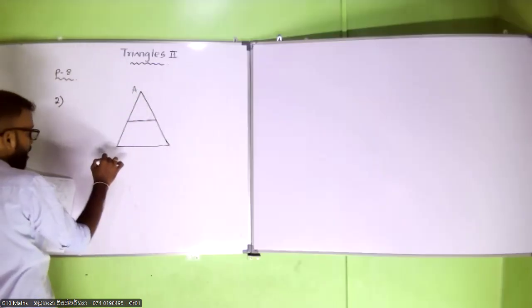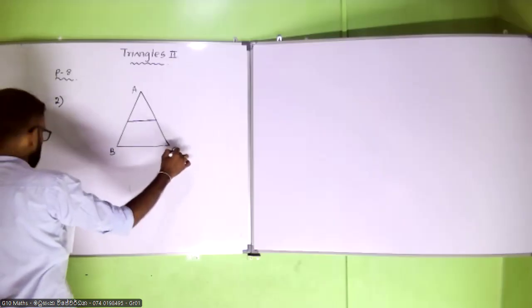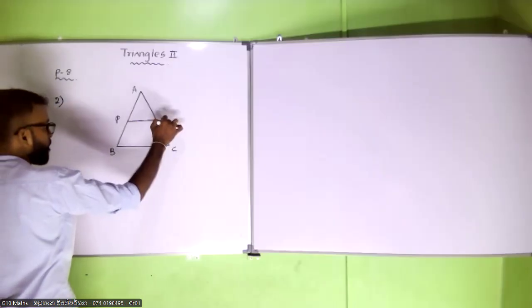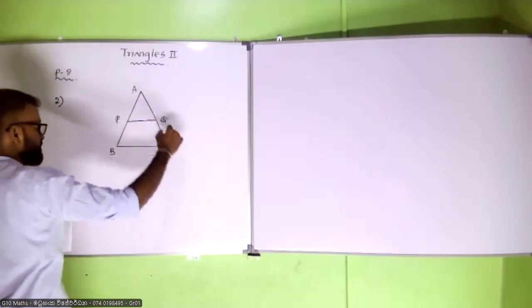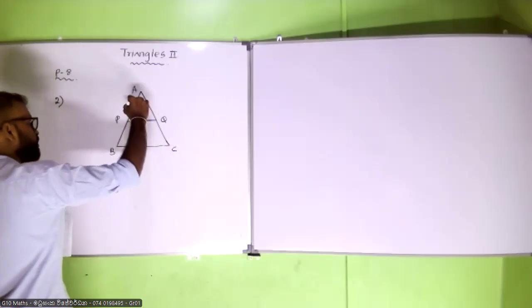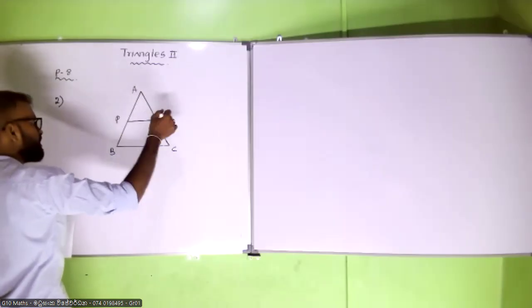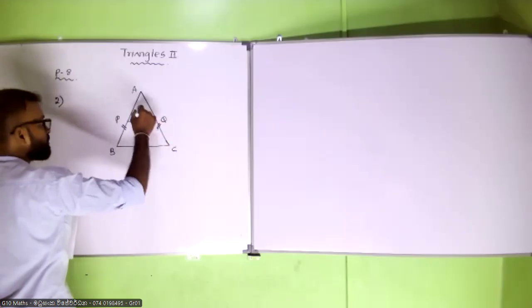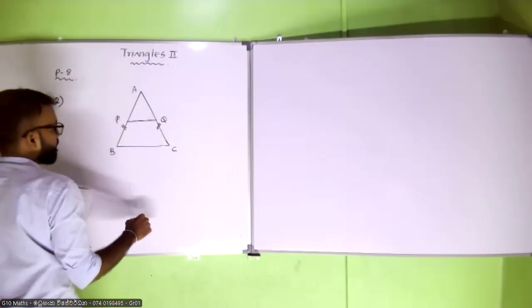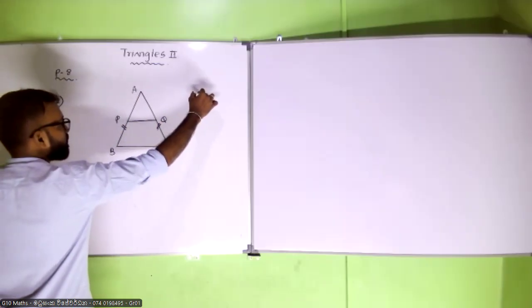A, B, C, and this is P and Q. AB equals AC, so this guy, yeah. If we mark it inside like that, we can directly take AP equals AQ. We are not going to mark it like that. So, fitting AB equals AC. If you forget again, write these down.